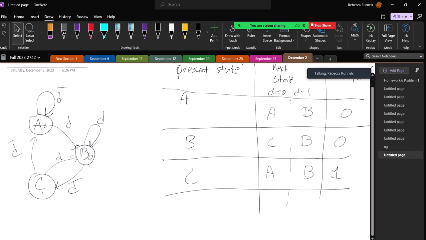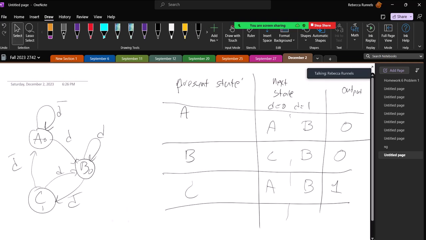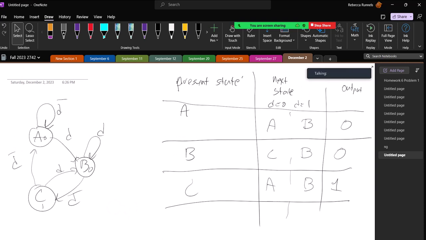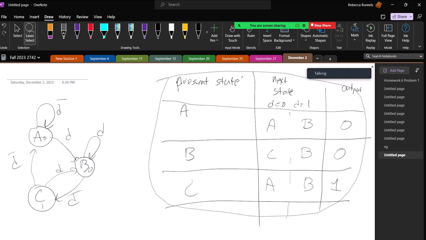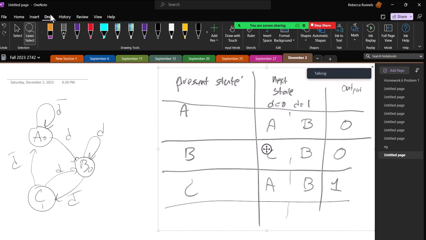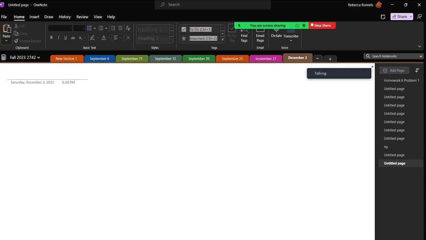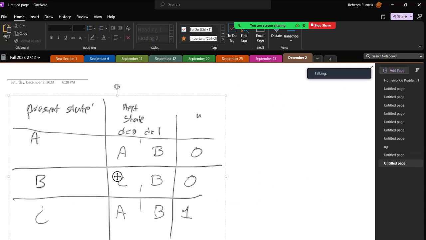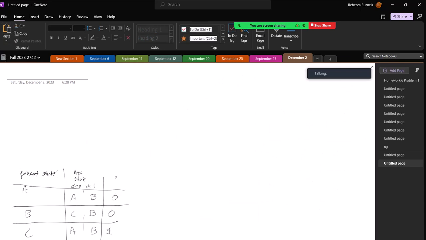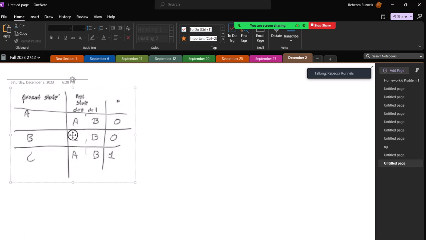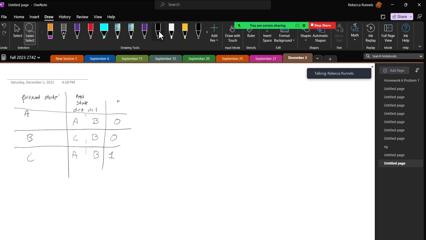Now I need to write this with ones and zeros. And there's no rule for how to do this. If there had been more time in the semester, you might have learned some ways to kind of make it most efficient.